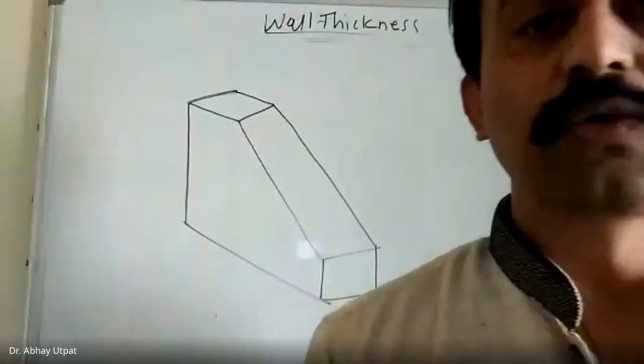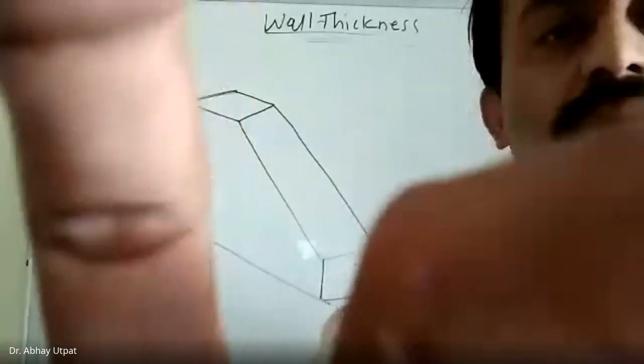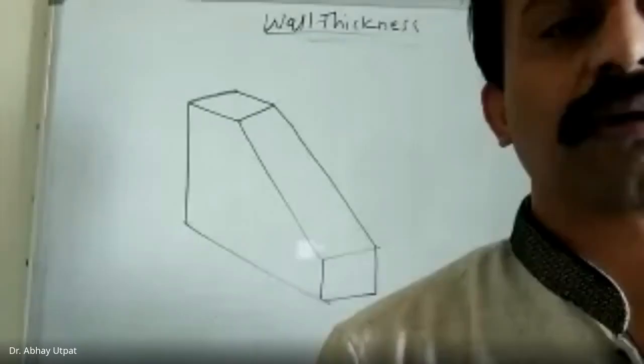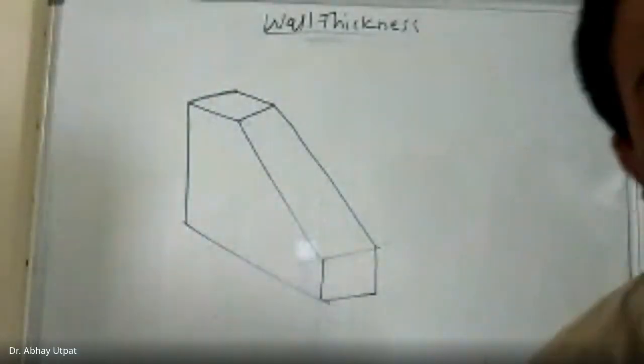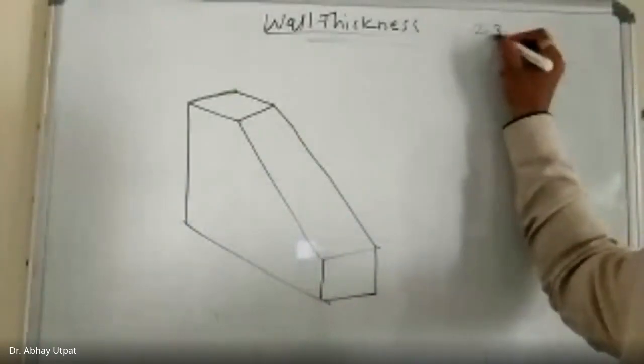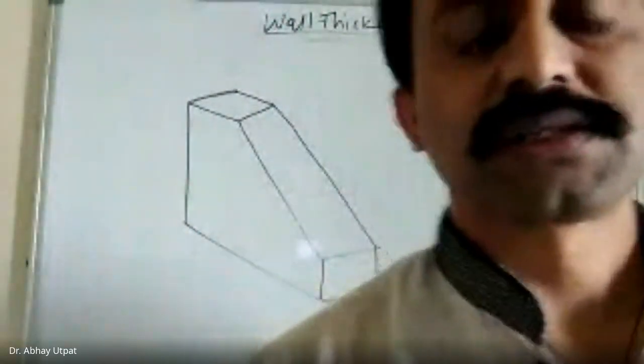Ajinkya Jadhav, roll number 23. Ajinkya Jadhav. Hello, where are you, Mr. Ajinkya? Then Avinash Vankalas, roll number 69.